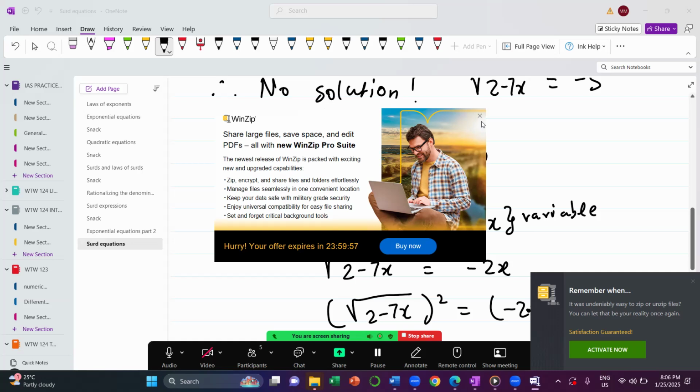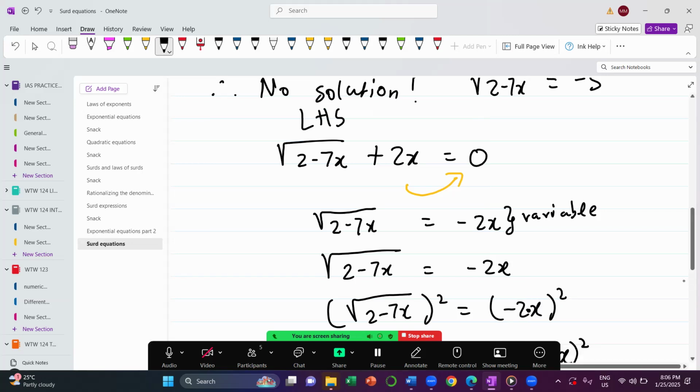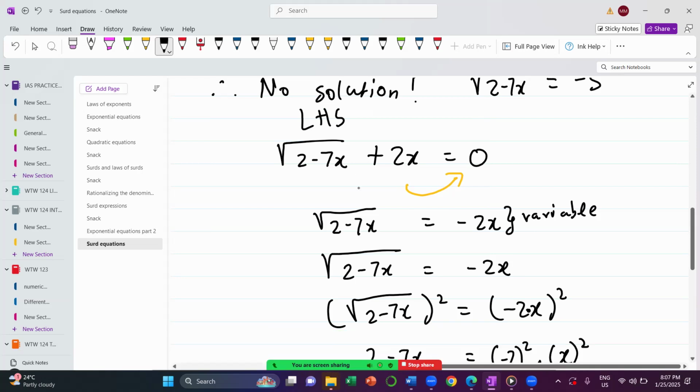Boys and girls, you guys are being slow with the calculator. Give me the answer. The answer is 1.